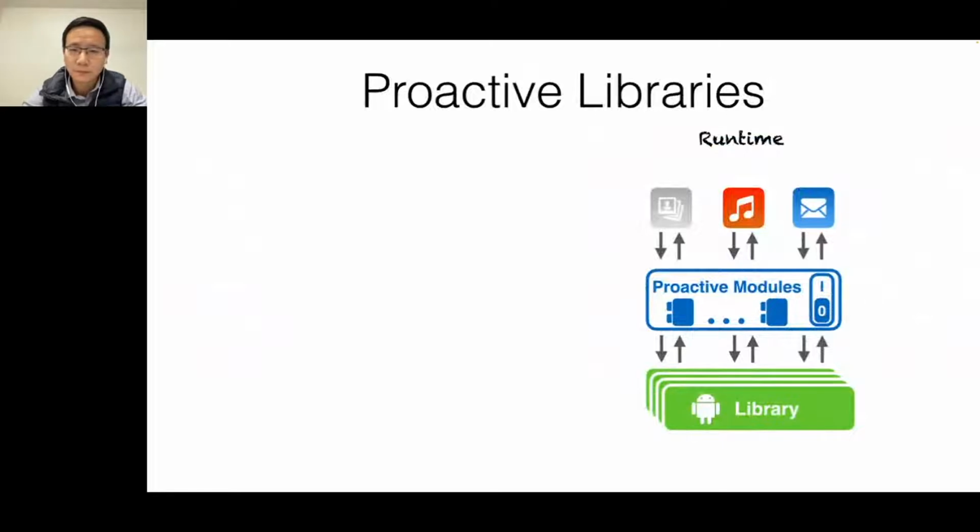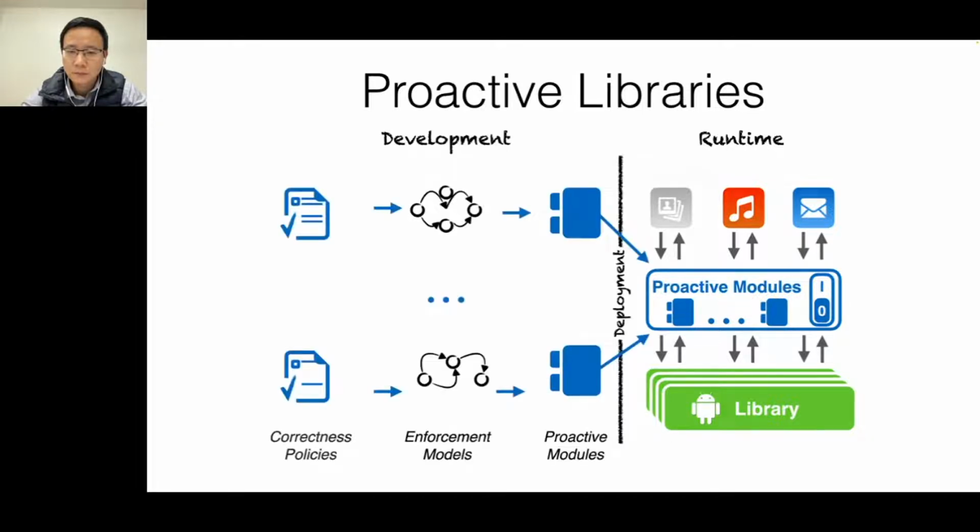To do this, we introduced proactive modules that can intercept interactions between apps and libraries to automatically correct them if they violate an API usage policy. At development time, the developers of proactive modules first identify the policies that need to be enforced.